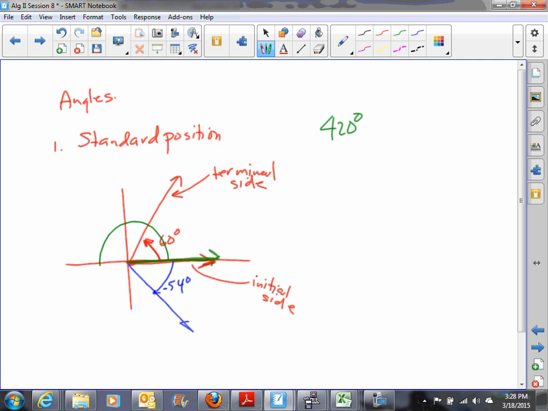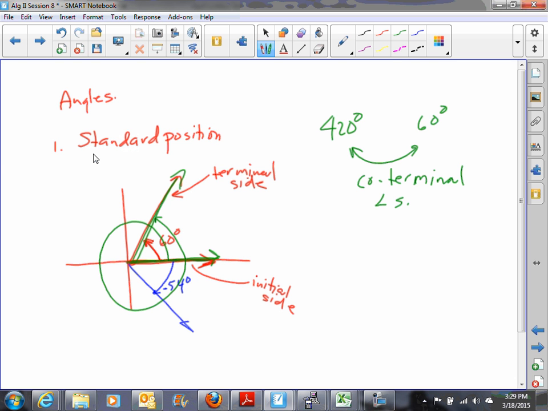We would go 360 degrees to get right back to the x-axis, and then we would go 60 more, and we would end up right where this terminal angle is right here. So an angle of 60 degrees and an angle of 420 degrees are referred to as co-terminal angles. That means that they have their initial rays and their terminal rays at the same spot.